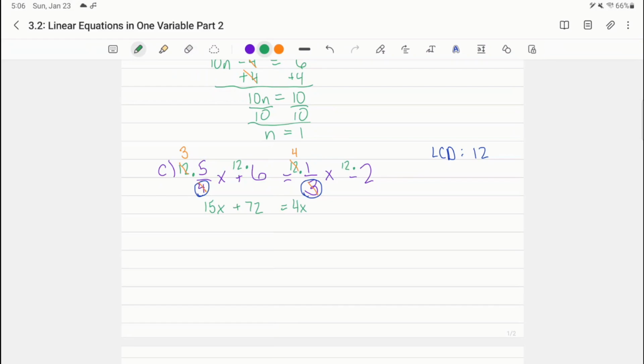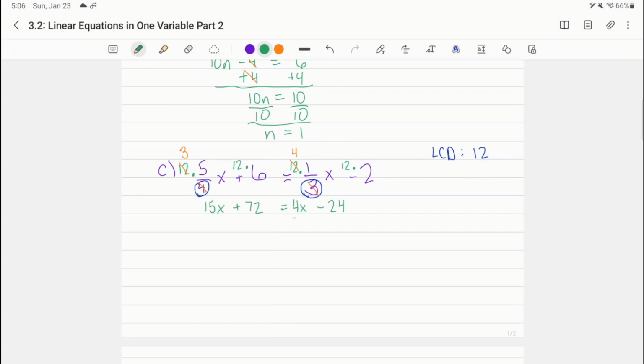And then there's no fractions here, 12 times negative 2 is negative 24. Then our new equation doesn't have any fractions. That doesn't mean our answer won't be a fraction, but now I don't have to add or subtract fractions, which can be kind of difficult.